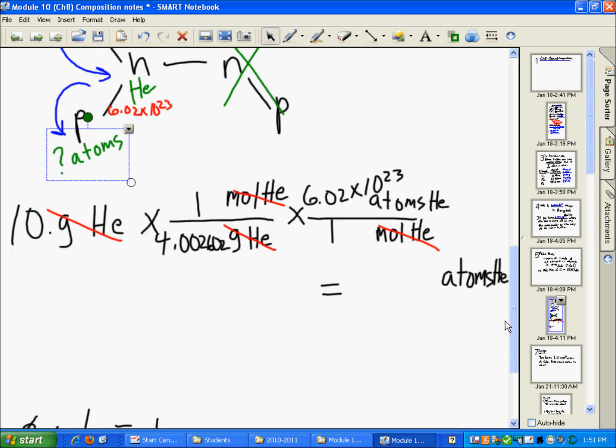So to do this calculation, you're going to do 10 divided by 4.002602 times 6.02 times 10 to the 23. So go ahead and do that calculation and let me know what you get.